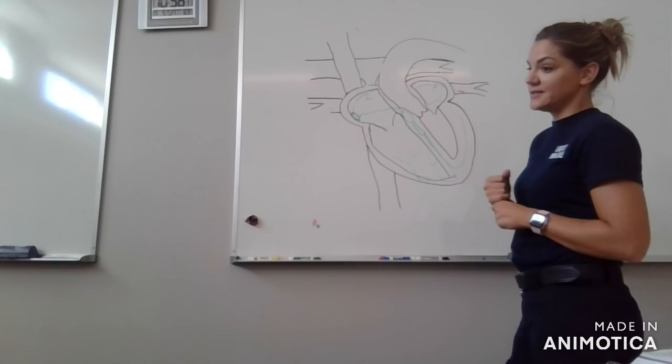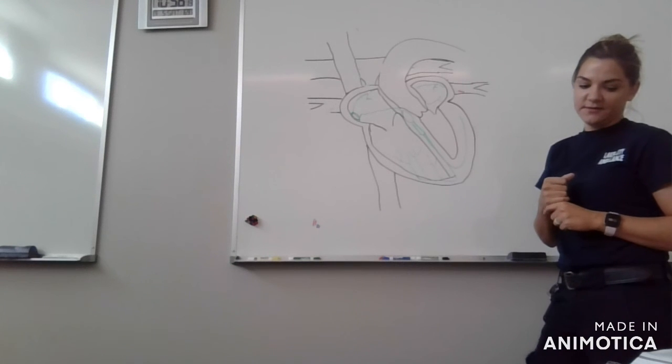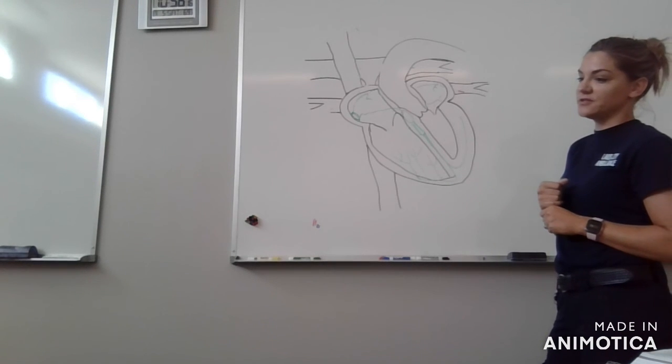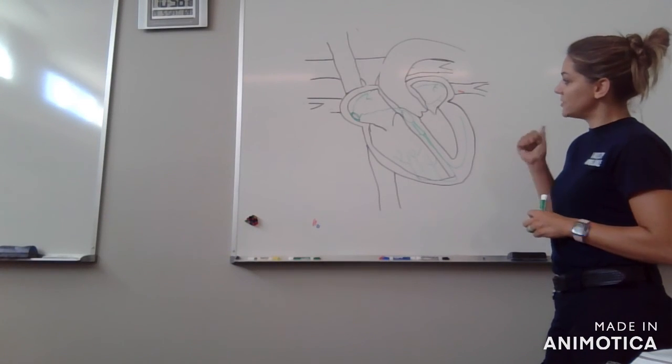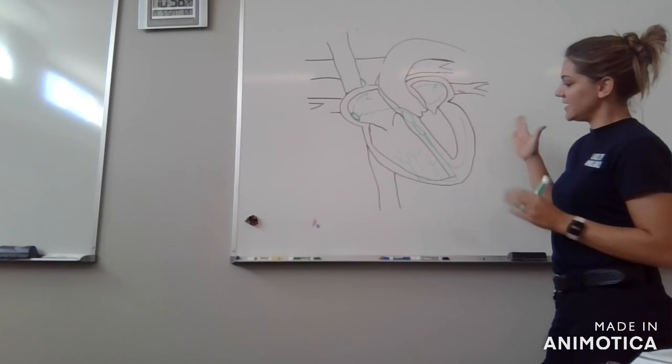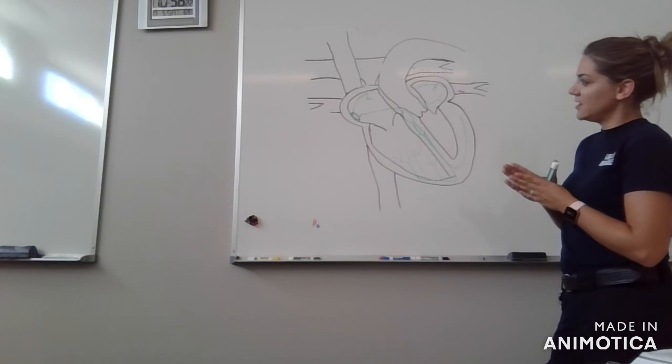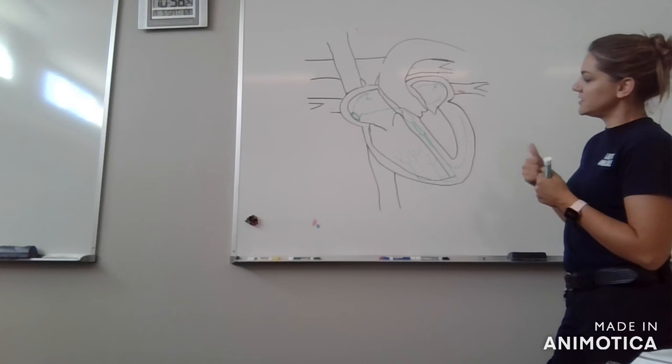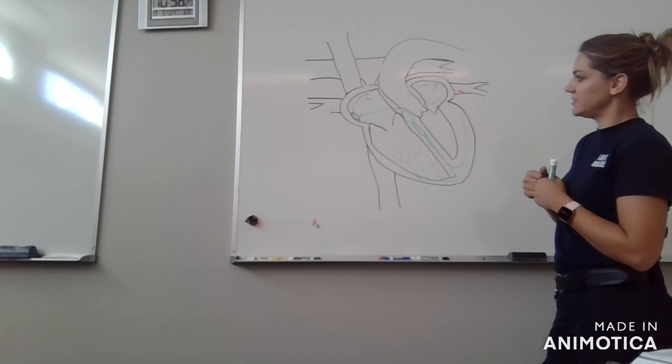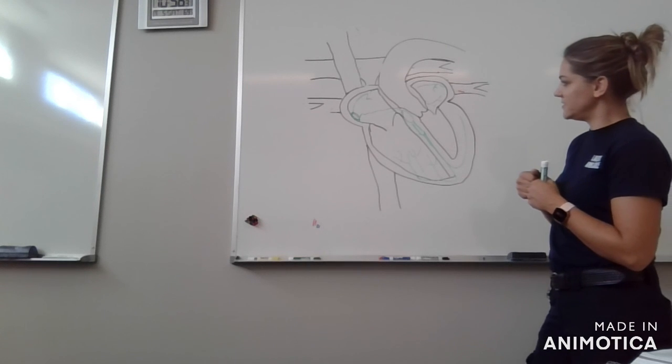So the sympathetic system will tell the hypothalamus to release epinephrine, which will increase heart rate and increased contractile force, which in turn increases blood pressure and makes sure that the body systems have enough blood to perfuse their tissues.